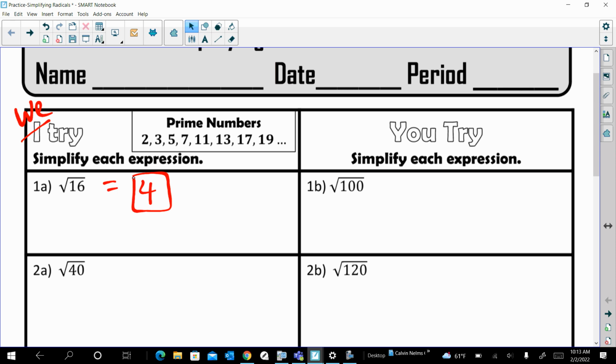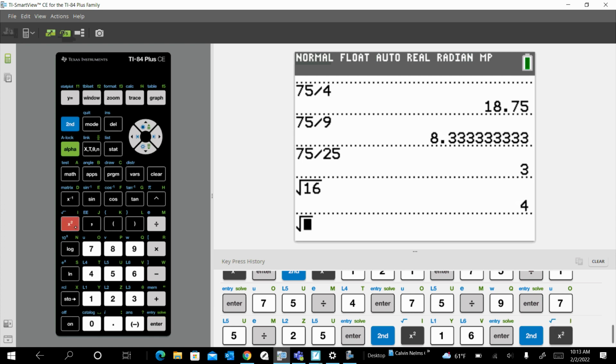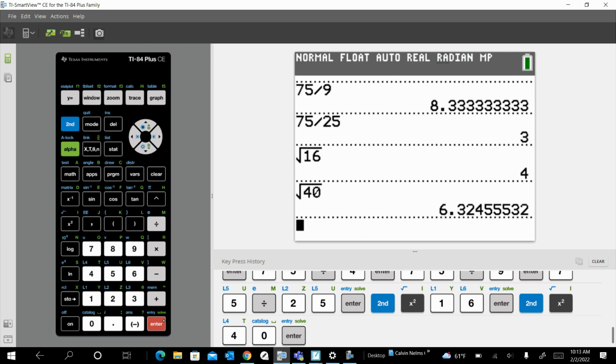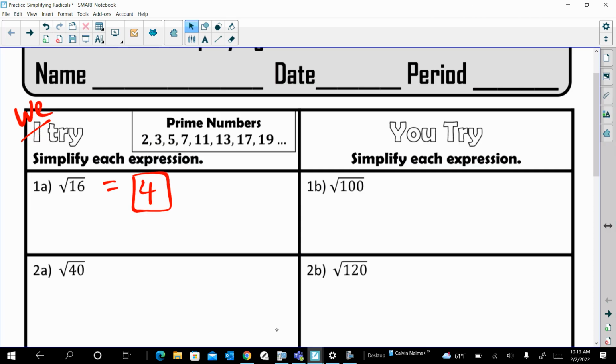Now, if I wanted to check 40, I hit second x squared to get the radical sign, put in 40 and hit enter, and now I get a decimal answer. I know that that's not a perfect square. That's telling me it's not. So now I have to simplify this. This is where I need to know the factors that go into 40. 4 times 10 goes underneath the radical. 4 is the number that is the perfect square.